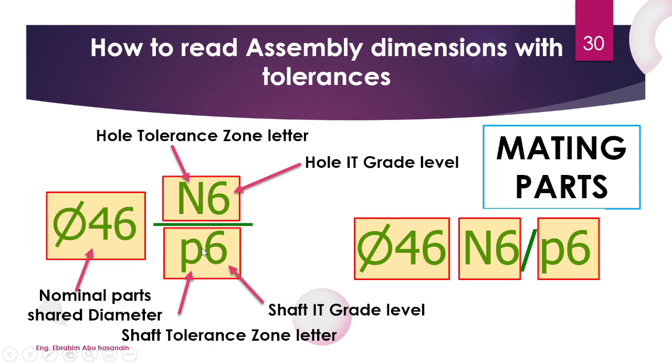Inside dimension, outside dimension. We can write it this way, and we can write it this way with a slash, the same: 46 N6/P6. And this is how our tolerance or our fit will be shown on assembly.